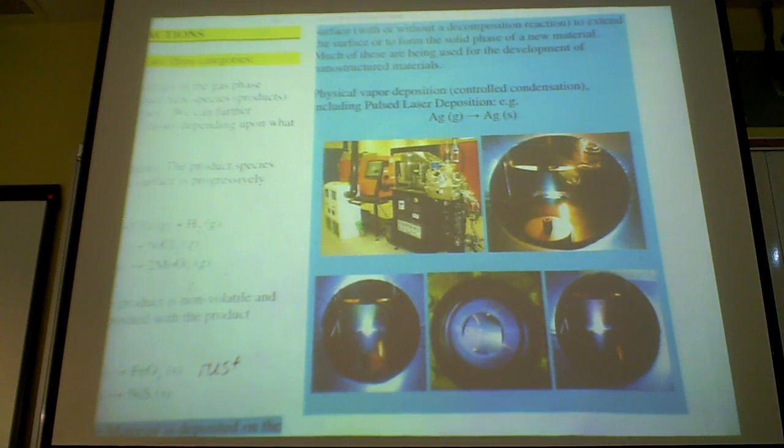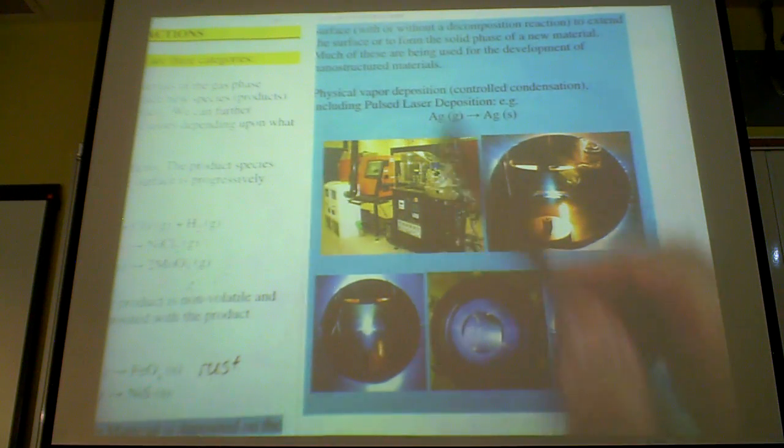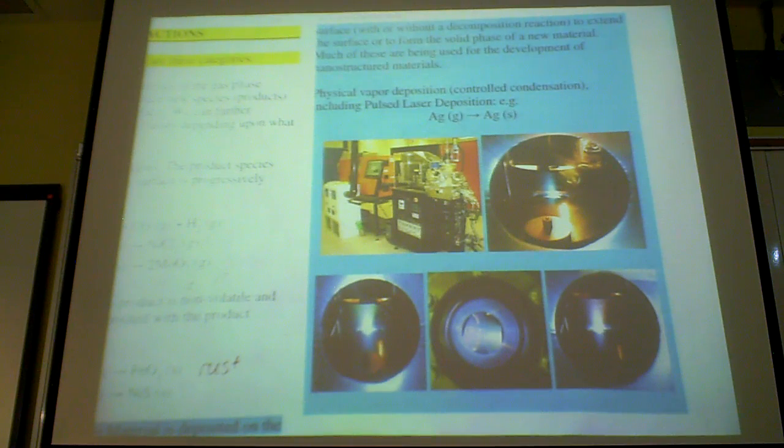First, you start with your source, which is your material, or sometimes we call it the target. Your target is usually in solid form, like a wafer. So if my source is silver, the target is a disc or foil or something like that, and I heat it up by heat, by electron beam, or by other means.